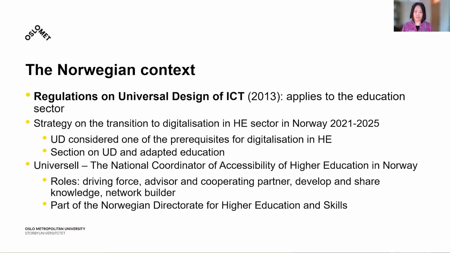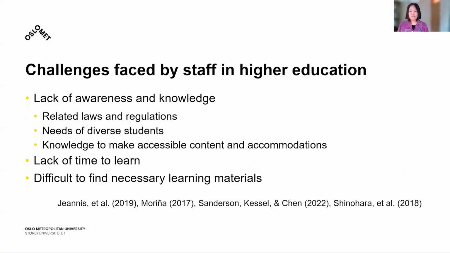None of them had fulfilled the requirement, and then they have to fix it. Otherwise, they will get fined. So this requires that we are able to make accessible digital material.